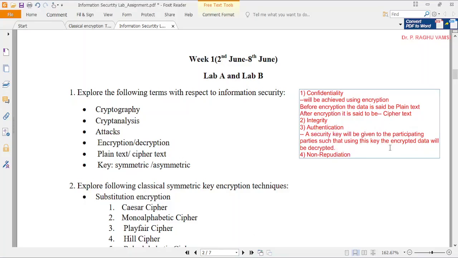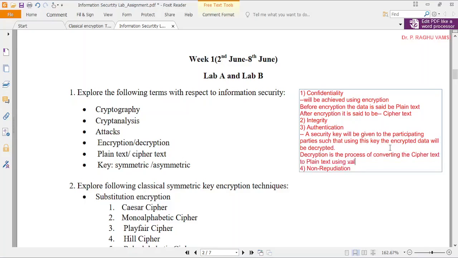So decryption is the process of converting the ciphertext to plain text using a valid security key and decryption algorithm. So this is what is called authentication and confidentiality.